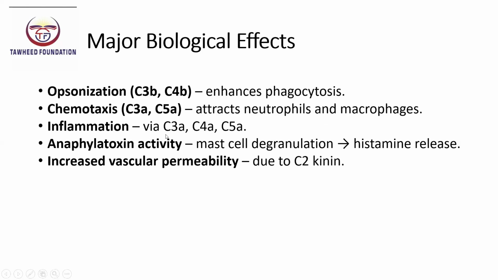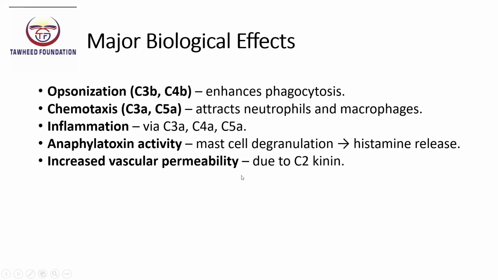Third, inflammation. Fragments C3a, C4a, and C5a trigger mast cells and basophils to release inflammatory mediators. Anaphylatoxin activity: these same peptides act as anaphylatoxins, stimulating mast cell degranulation and histamine release, leading to vasodilation and smooth muscle contraction.